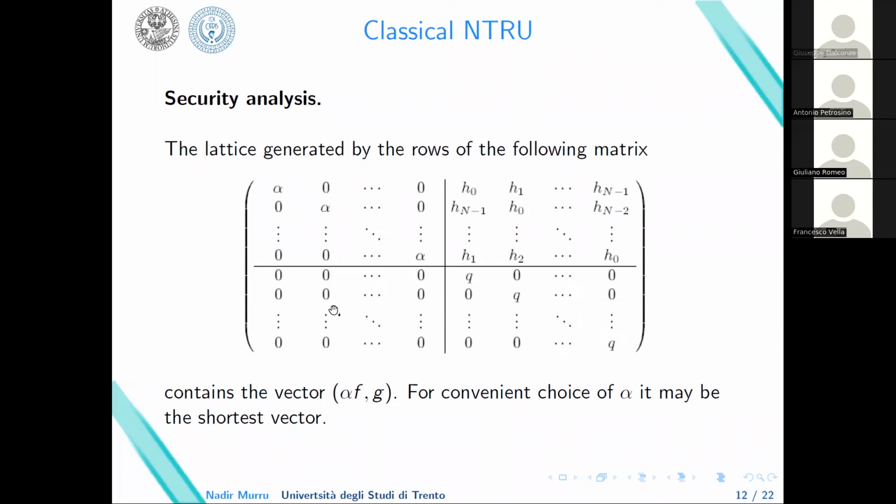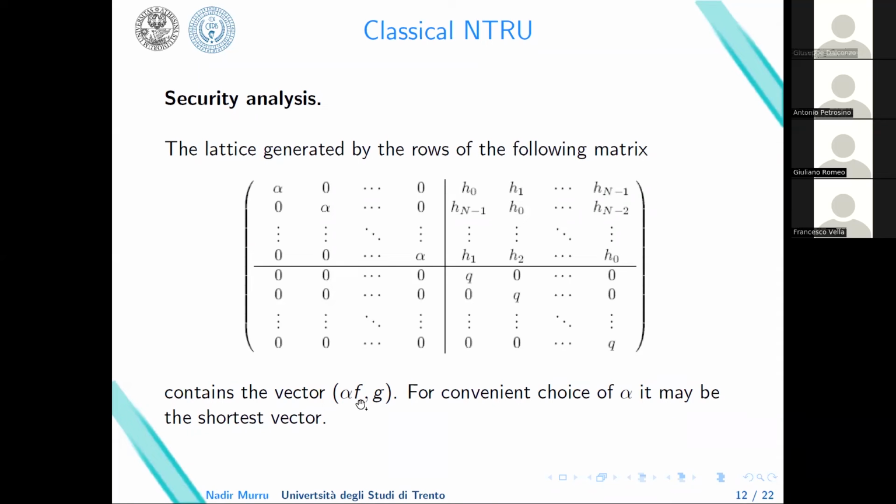If you construct this matrix, you can take the rows of this matrix for generating a lattice, and the lattice that you have generated contains this vector, the concatenation between the private key and the polynomial g, the first part of the private key.